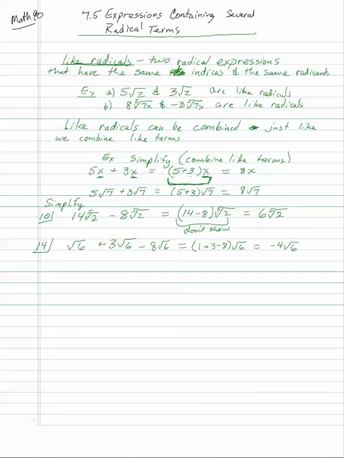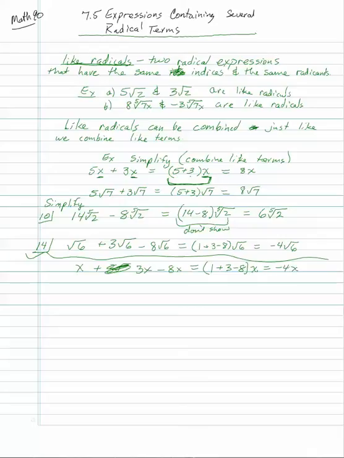Well, that's just like if I asked you to do x plus 3x minus 8x. We learned early on that there's a 1 in front of that x. It's the same thing as 1x. There's a 1 there. Plus 3 minus 8x, which would be negative 4x.